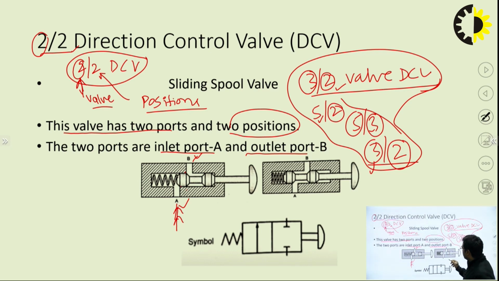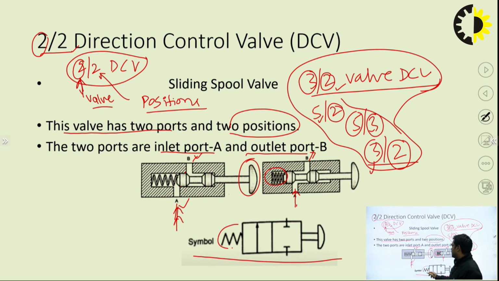But this piston works like a push button. If the push button is pressed, the spring is compressed. As the spring is compressed, the movement of air or fluid is possible from A to B. These are the symbolic representations of this DCV.